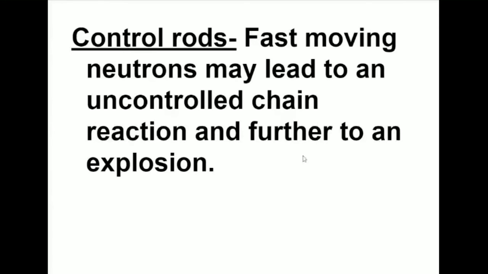Then the control rods. Other than fuel rods, the next part is the control rod. Fast moving neutrons inside the reactor vessel, which are the product of the fission chain reaction, may lead to an uncontrolled chain reaction and further to an explosion.